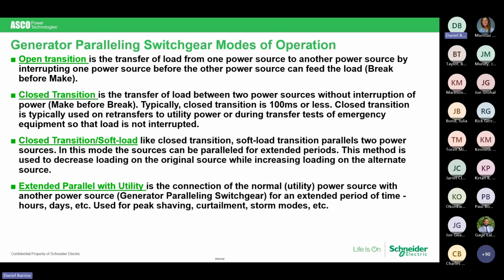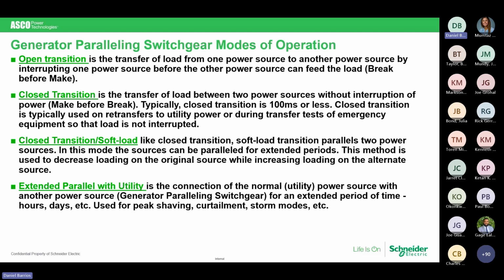Because if we close at that exact speed, we may go into a reverse power since the utility is larger than the generator set itself. So we close a little bit ahead, 60.01 hertz or such. Immediately pick up load, and then over a period of time, we will come off of utility and onto generators, or return the same way.